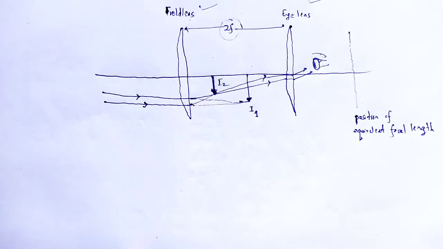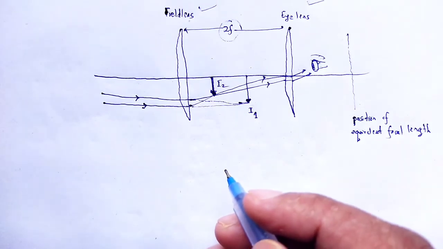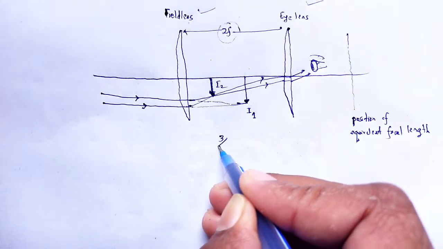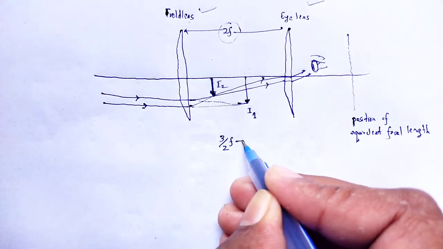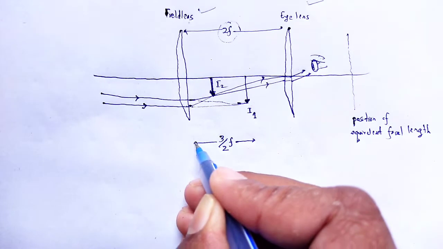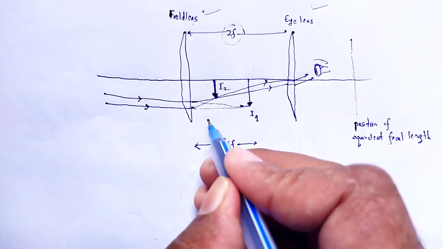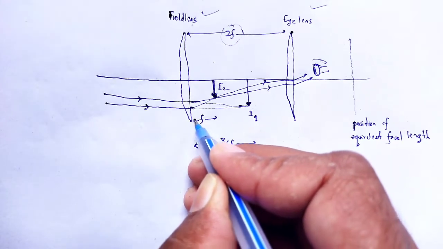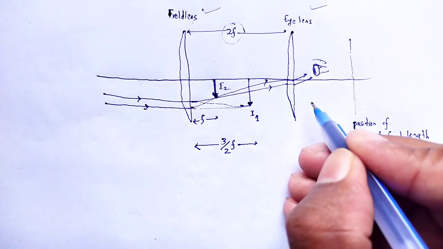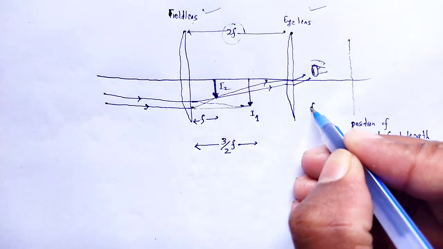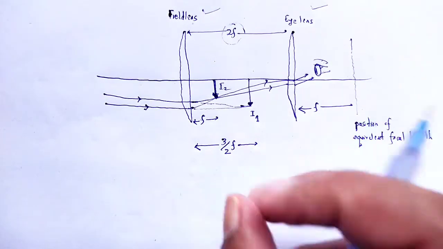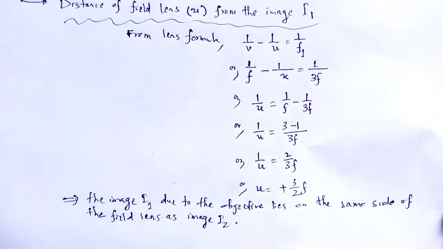So here the distance is equal to 3 by 2 f. Here is the distance f. Okay, that is 3 by 2 f.